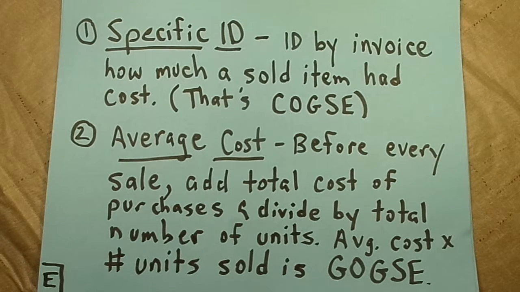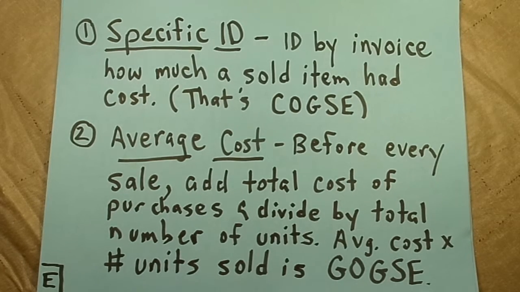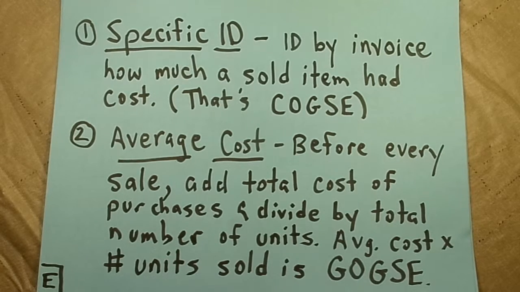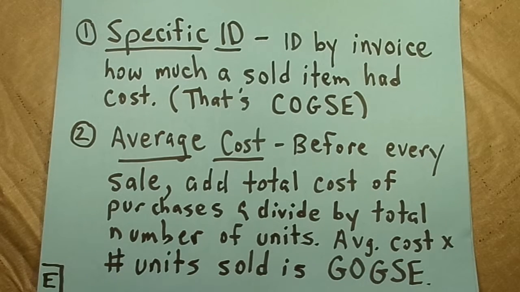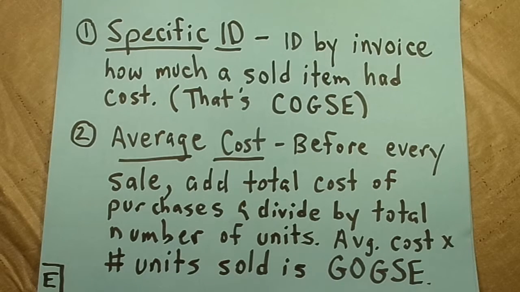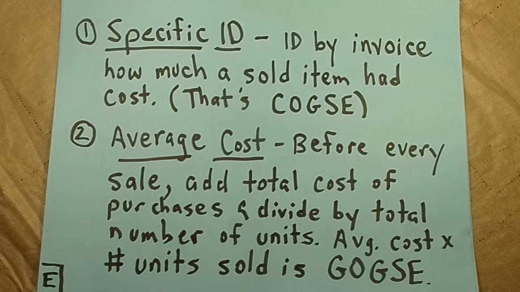Another method that a business could choose to track cost is average cost. And this way, at any given time there's a sale, we would think about all the items in inventory up to that moment. We'd think about beginning inventory and any other purchases.